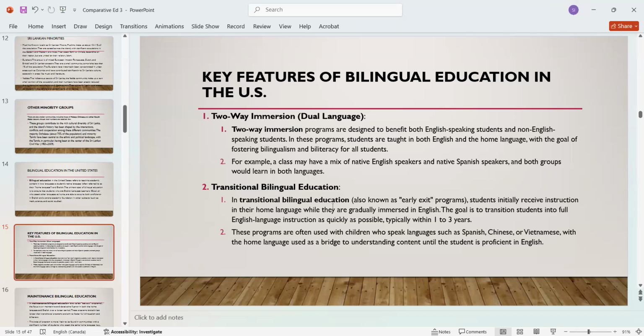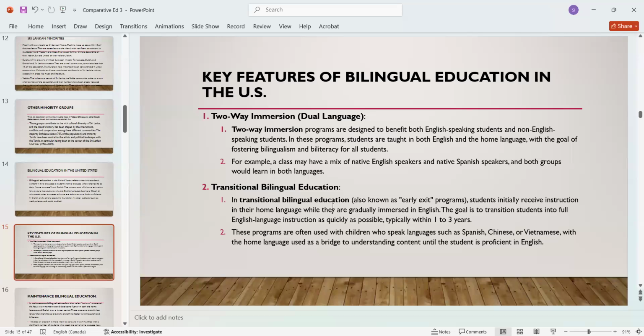And I think most of the migrants are there. So they are treating them well, right? For example, a class may have a mix of native English speakers and native Spanish speakers, and both groups would learn in both languages, right?